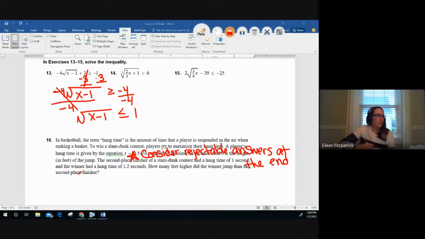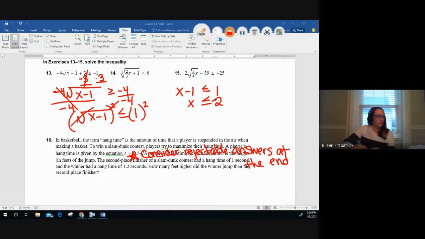Now I have the square root of x minus 1 is less than or equal to 1. Then, just like we've been doing, square both sides. The square root and square cancel. x minus 1 is less than or equal to 1. Finally, add the 1 to both sides. So x is less than or equal to 2.